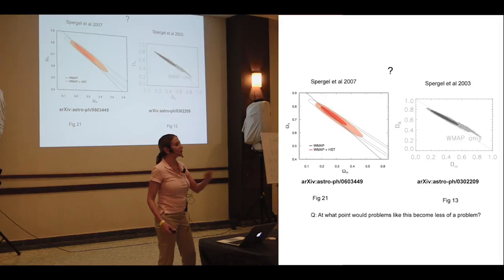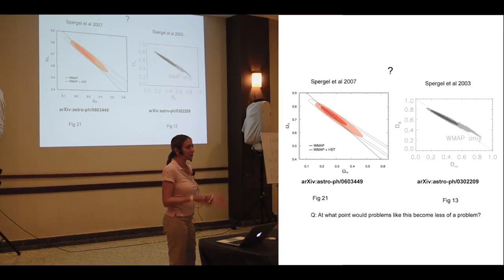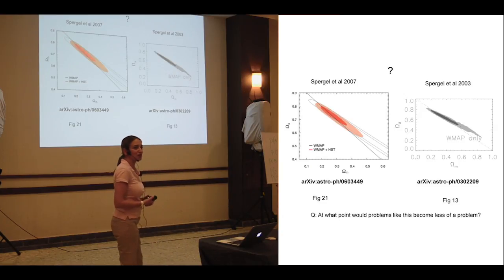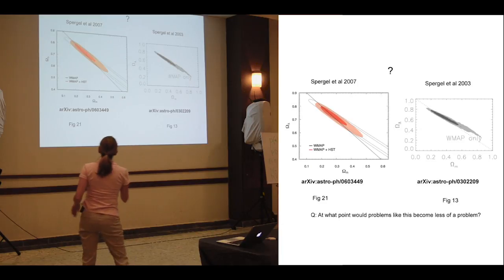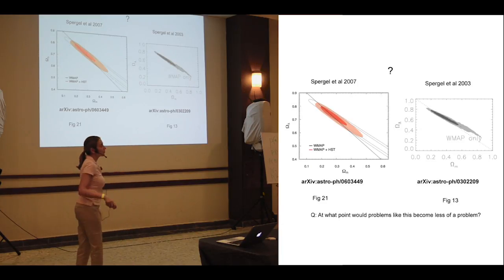It wouldn't go past a referee these days. It made it past the referee at that time. It wouldn't fly now. You have to declare your prior when you present your results, right? And not declare your prior in a different paper. So the prior changed. In here, there is a uniform prior in omega lambda, while in here, there was a uniform prior in basically the position of the first peak.